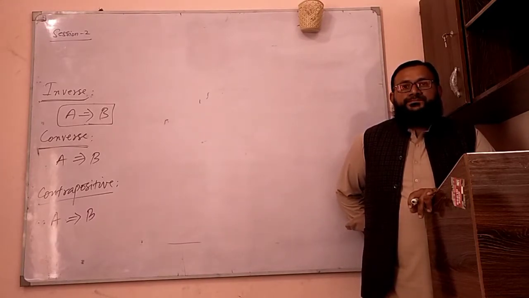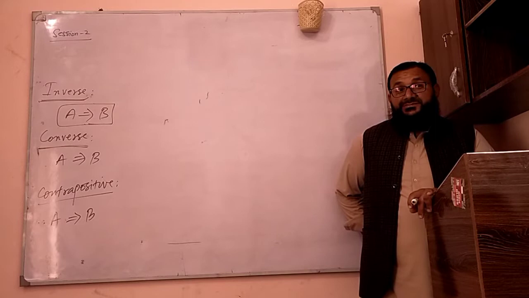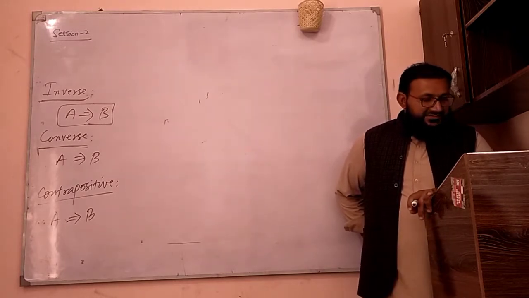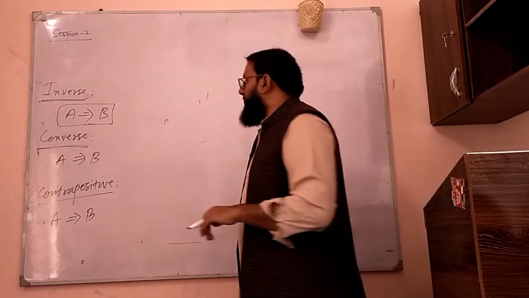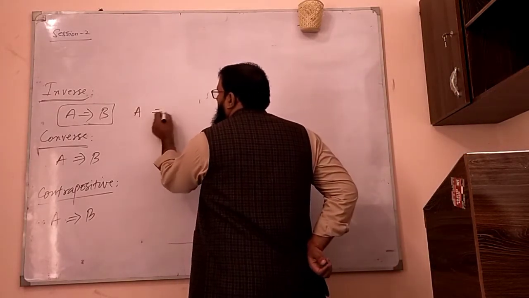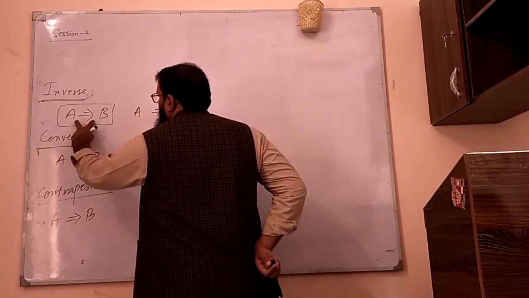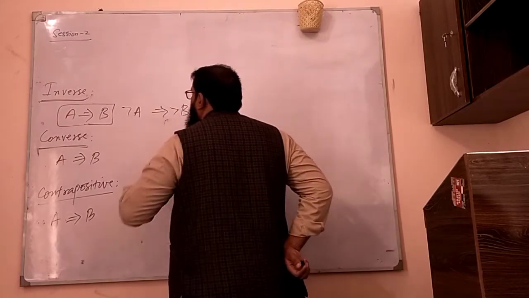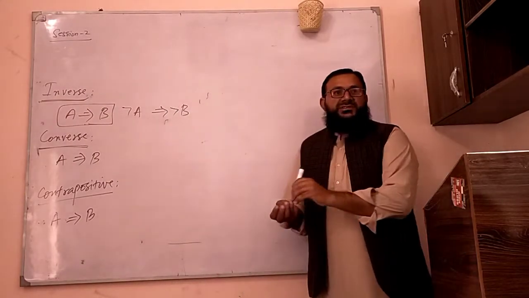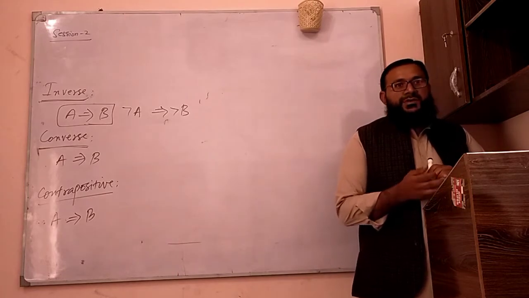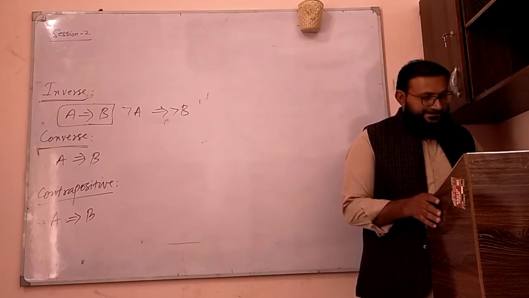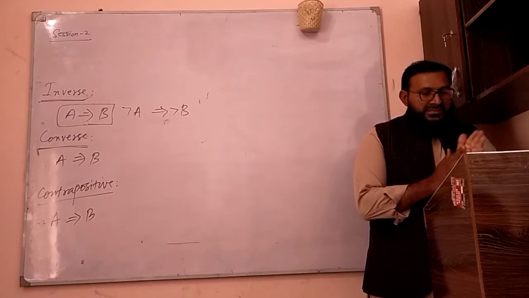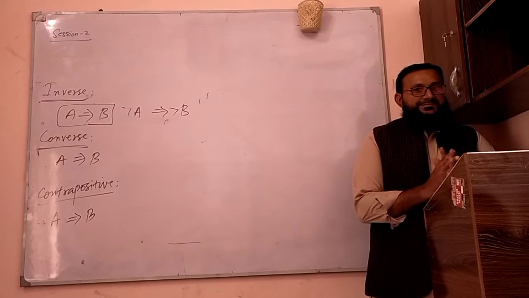Inverse is simply what you do: just negate both sides. It means negation of A implies negation of B. So this is what we call the inverse of an implication.